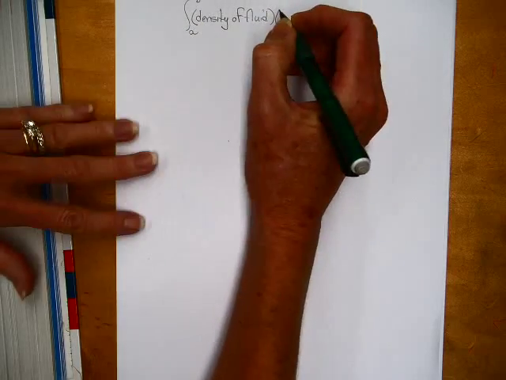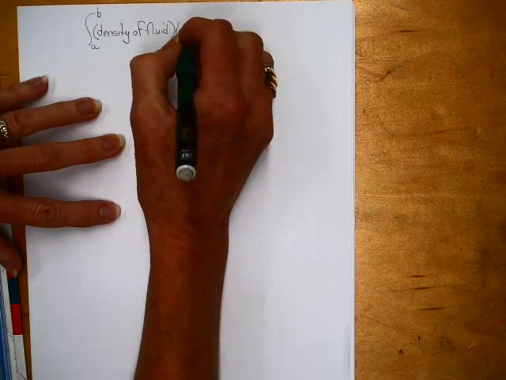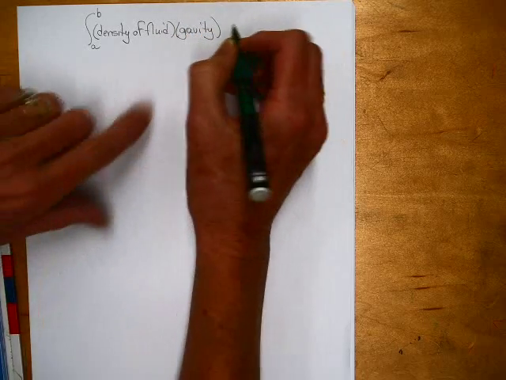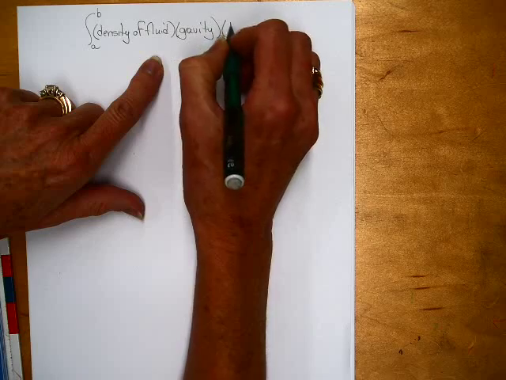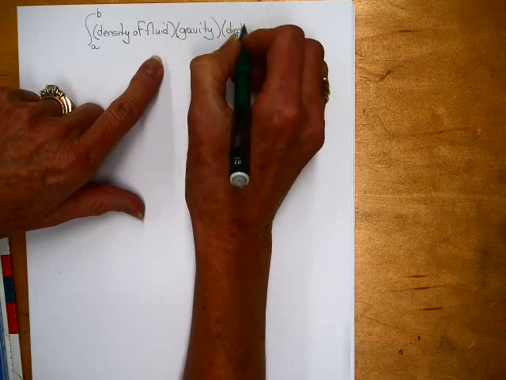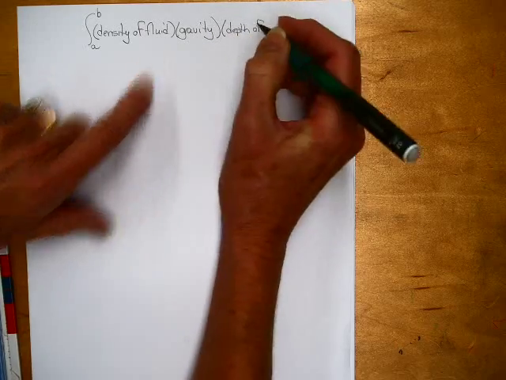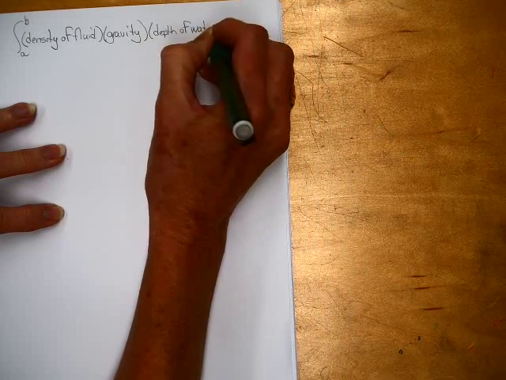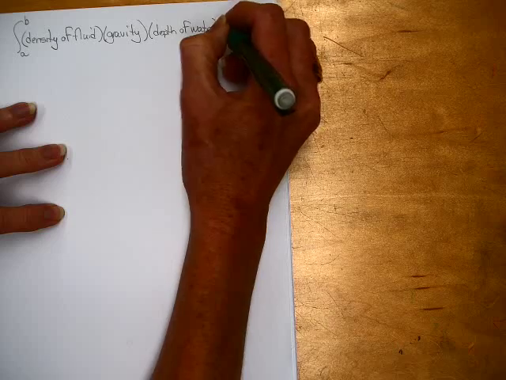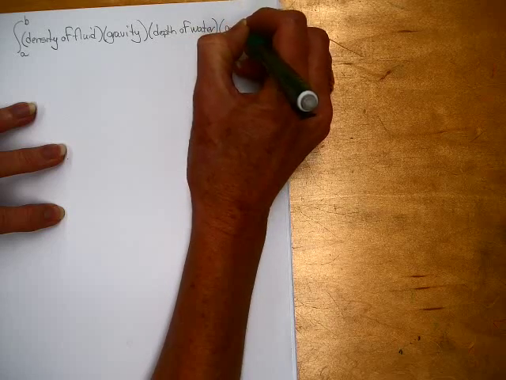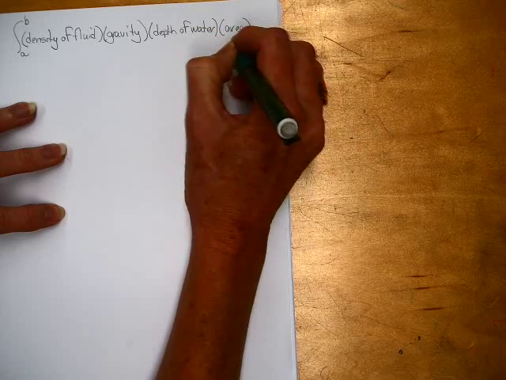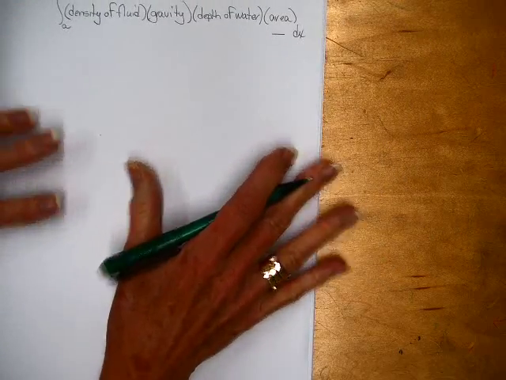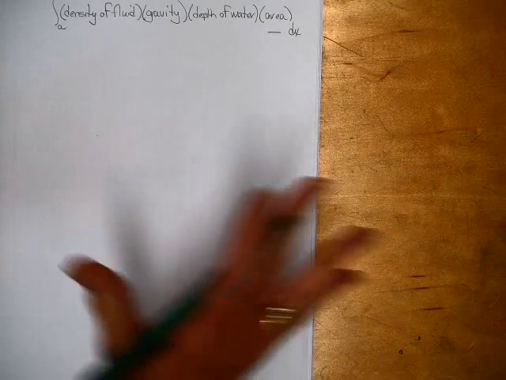You're going to have the acceleration due to gravity, so I'm just going to put gravity. Then you're going to have the depth of the water above where you are. Then you have the area. And the area includes something times dx or dy. So that's kind of what you're looking for to put in every one of these intervals, okay?